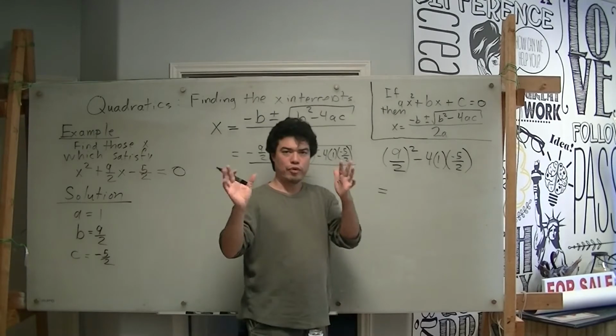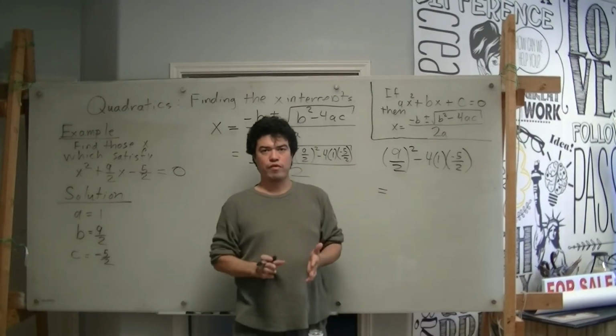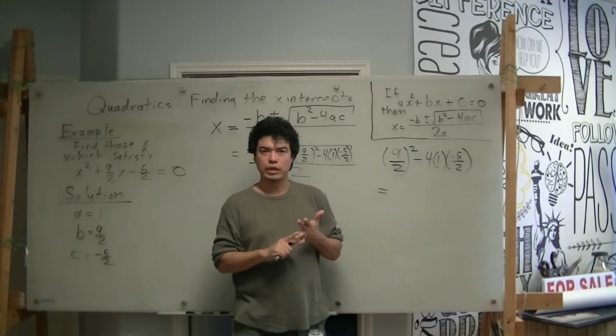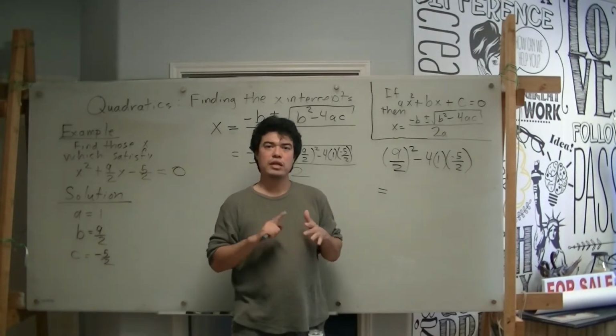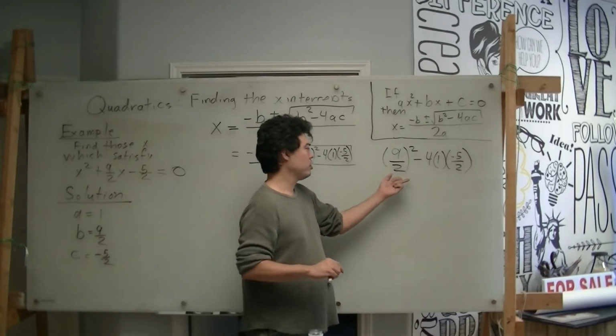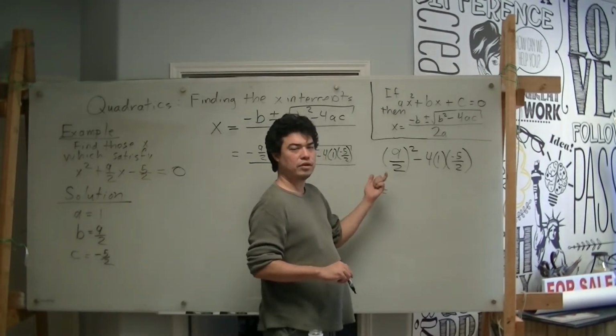We know our order of operations. We have to take into account our order of operations. Parentheses, exponent, multiplication and division, addition and subtraction. In this case, we're going to do this exponent first. So what is 9/2 squared?